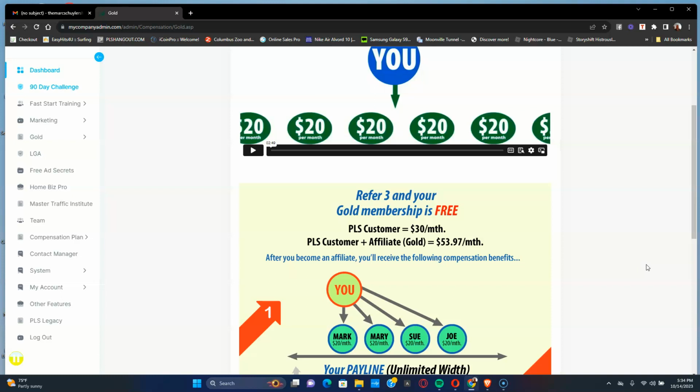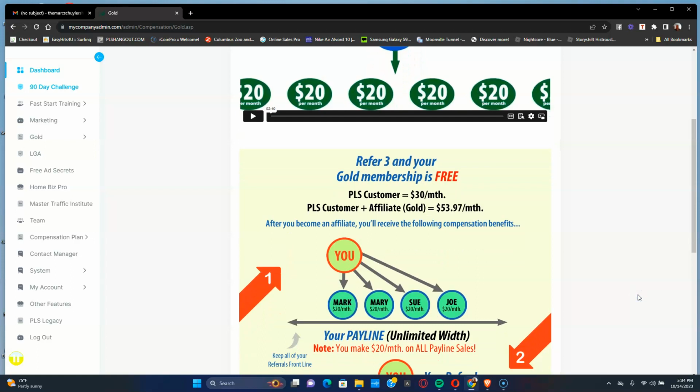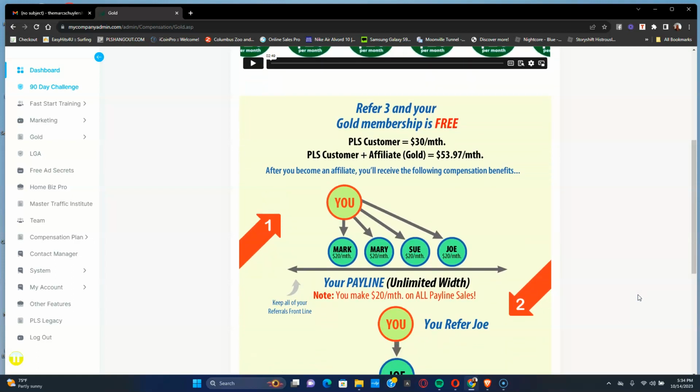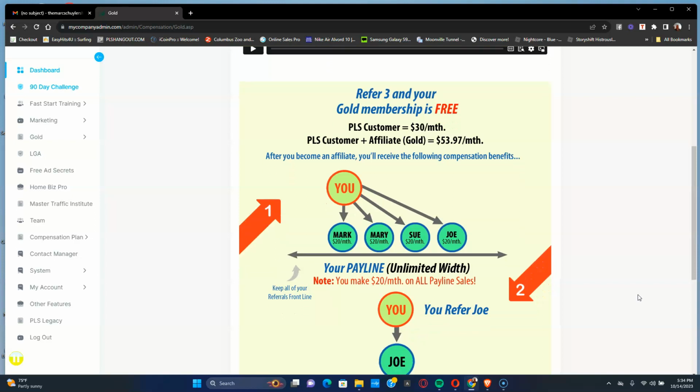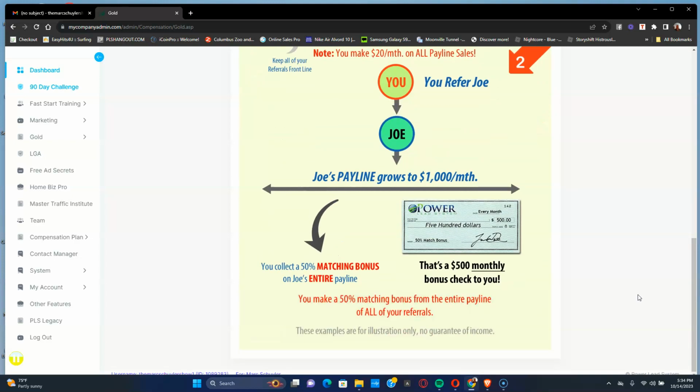Like I said, it's under $60. That's one way to do it. You can make $20 commissions on each person who becomes a PLS customer and affiliate, and you get a 50% matching bonus for each person they refer on top of that. That's how it breaks down.